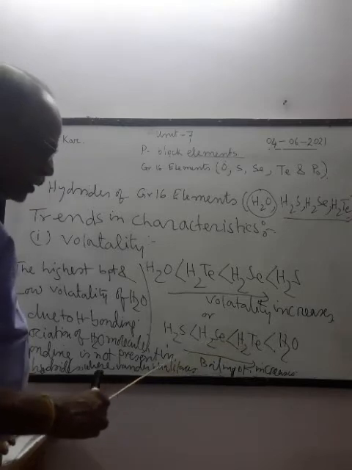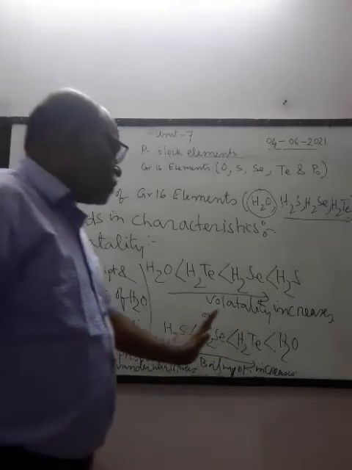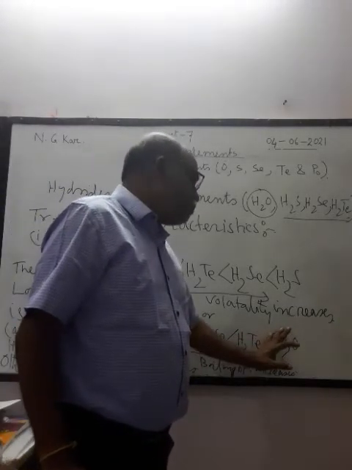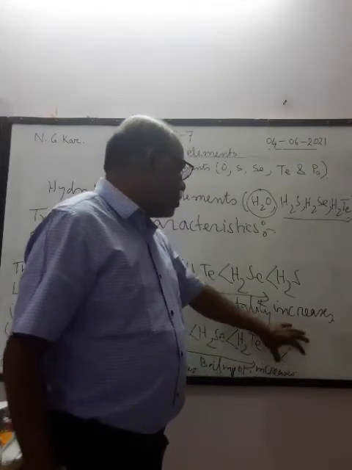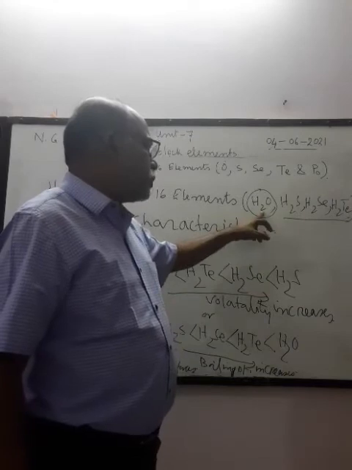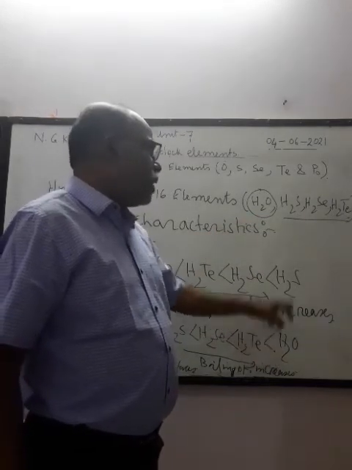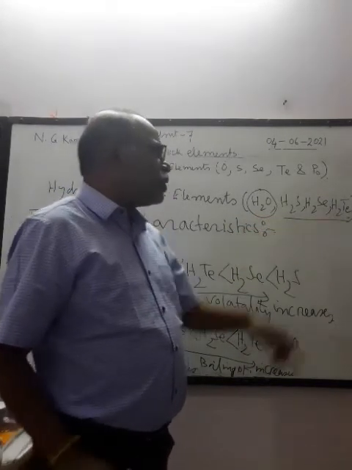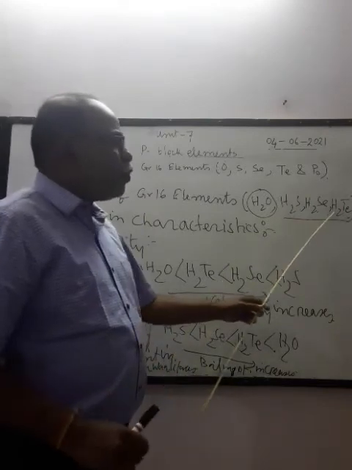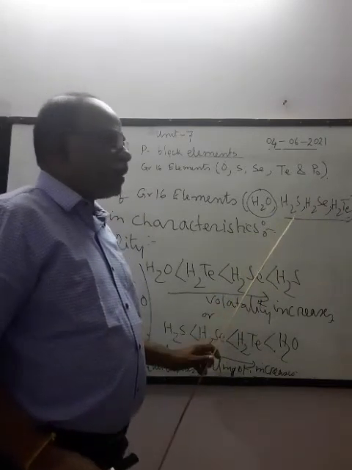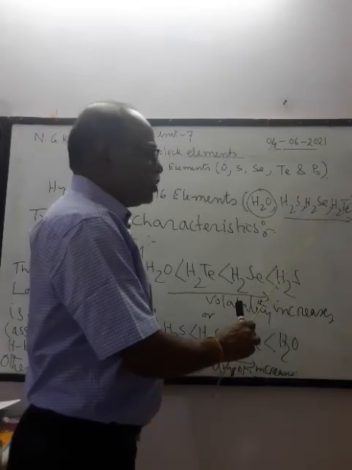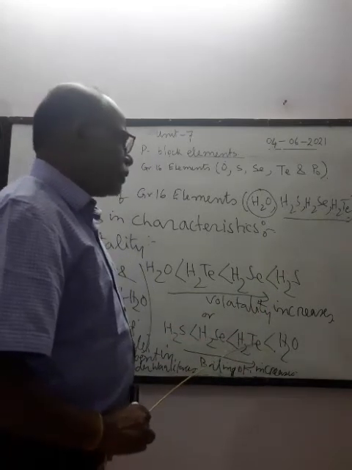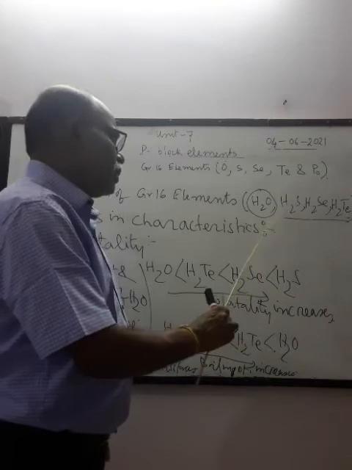So first we consider the molecule where hydrogen bonding is present. Hydrogen bonding is present in water, so it has the highest boiling point. In the others hydrogen bonding is absent, so the deciding intermolecular force is van der Waals, which is highest for this one because of highest mass and size, then this one, then this one.